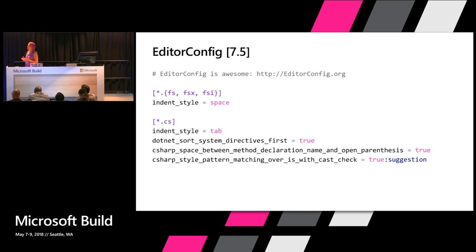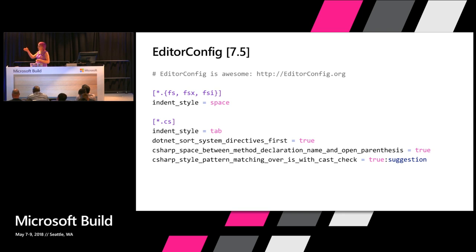Like this one on the screen here is C# style pattern matching over is with cast check. That's basically if you're using the older style of doing an is check for a type, then cast it, you can just do the is pattern matching.